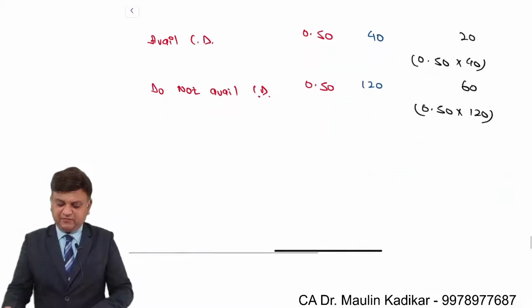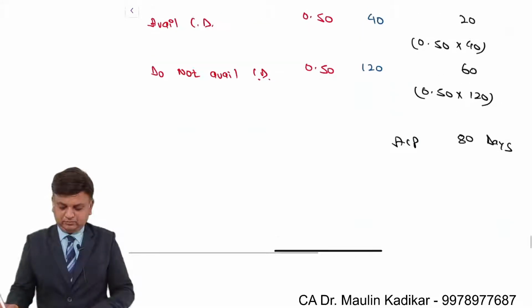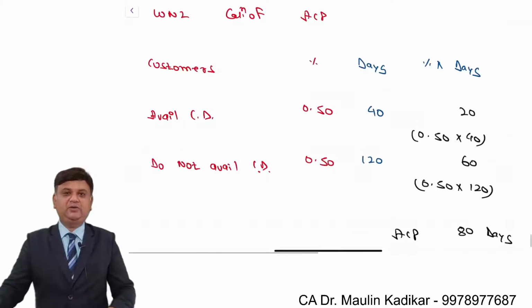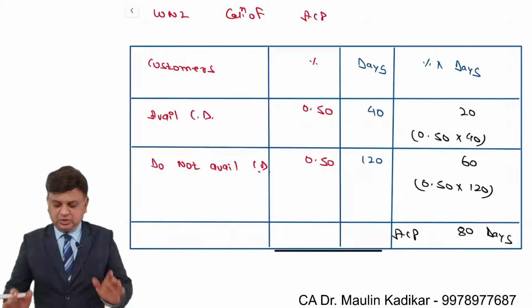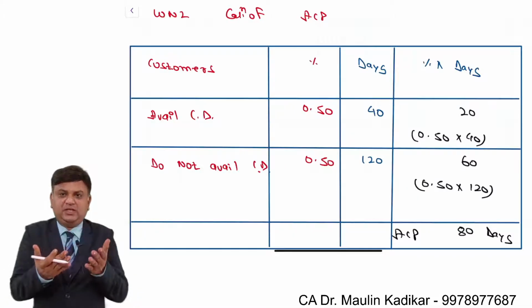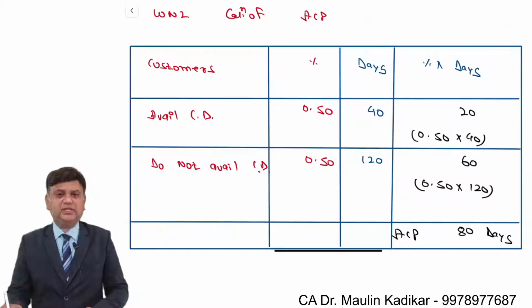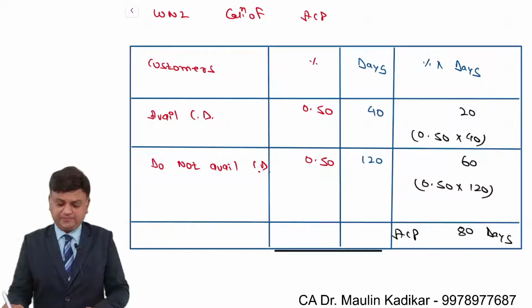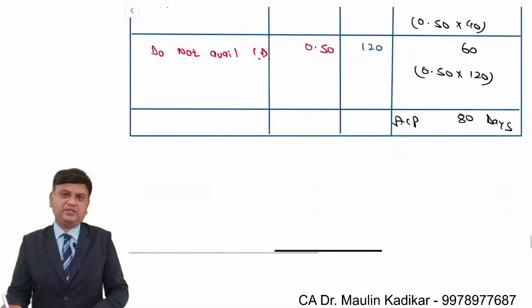That is the way weighted average collection period can be calculated. It is 80 days. Overall collection period is calculated as 80 days. So friends, over here, the question is not providing the information directly, but indirectly information is provided to us. So we have made the computation of the credit sales and average collection period.